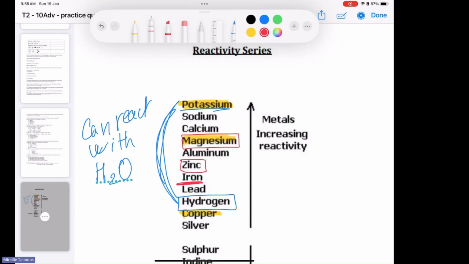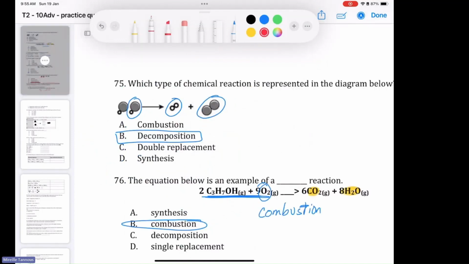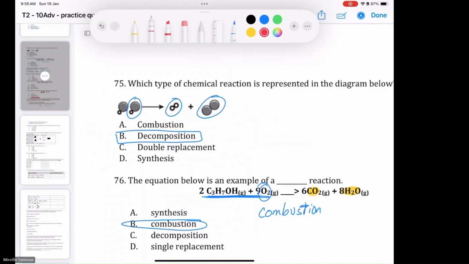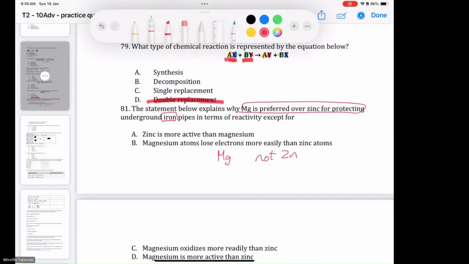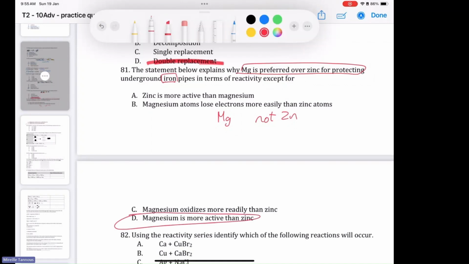And here, magnesium is much better than zinc. So if I have the option of magnesium, we can go for it. Okay, so here, magnesium is preferred, yes, because magnesium is more, here, choice D, is more active than zinc.